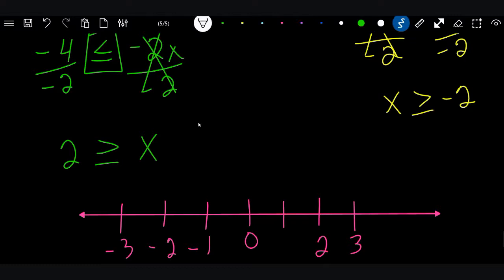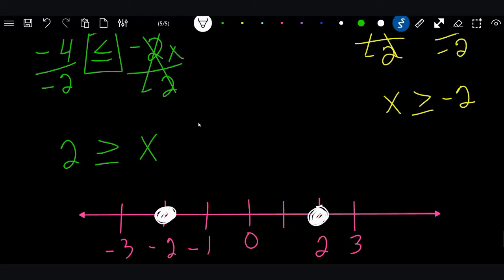We'll graph it in white here. We're going to graph the number 2. Okay, so come over here to the number 2. Now, don't forget to fill this one in because it is also equal to. So this is going to be a closed dot here. And then we have the same thing on the -2. So it's going to be a closed, not a mixed, not an open, a closed.